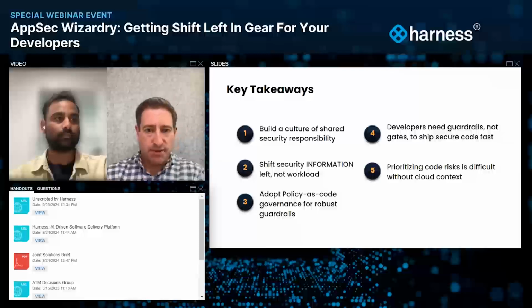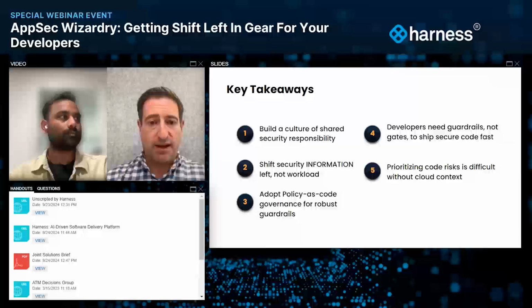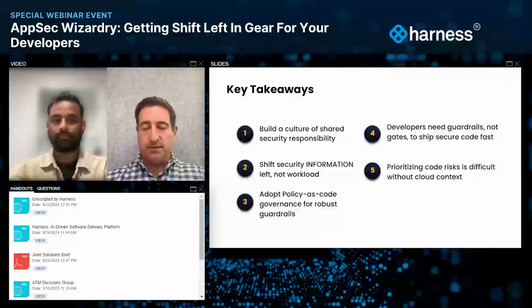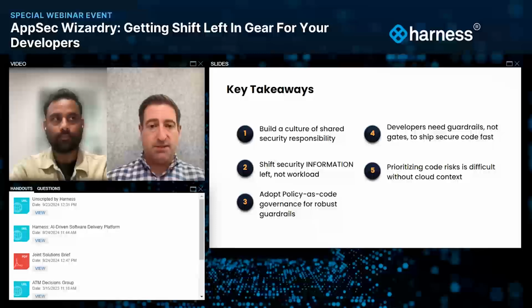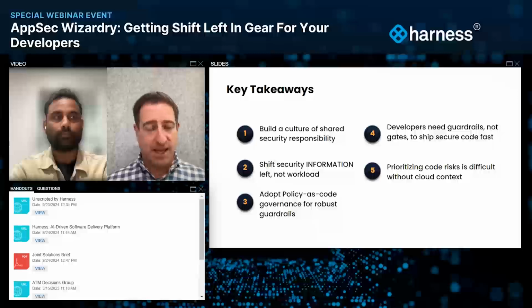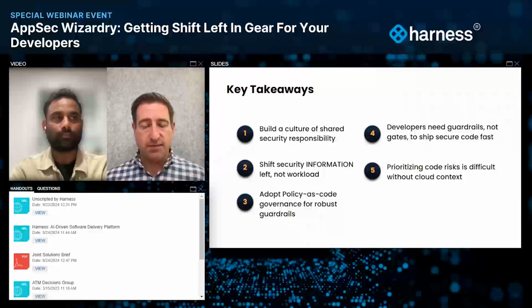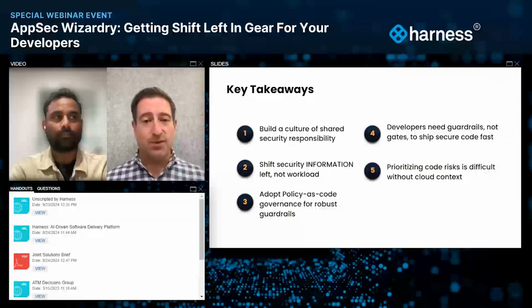Policy as code is something that we offer throughout the Harness platform, based on the OPA standard, and this essentially gives you a means of using a declarative language to create policies around what developers can and can't do, and creating guardrails essentially that will save you down the road.